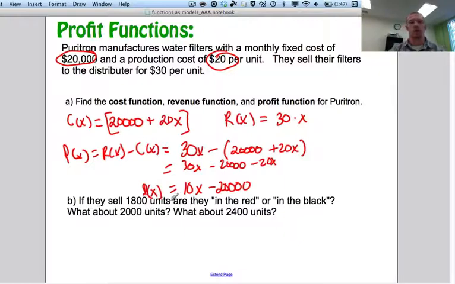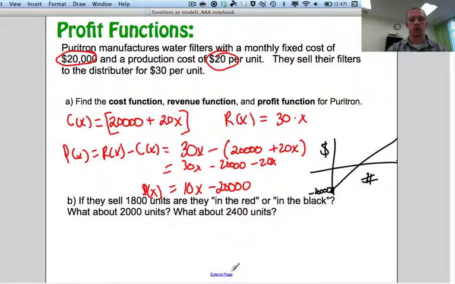So if they sell 1,800 units, are they in the red? In the red refers to, if you graph their profit versus number of units they sell, it's going to look like this. Initially, that's the negative $20,000. They sell nothing, they owe $20,000 because that's a fixed cost. It's always there. They sell a bunch, they make some more money back, and because they're selling them for more than it costs them to make them, they hit a break-even point.